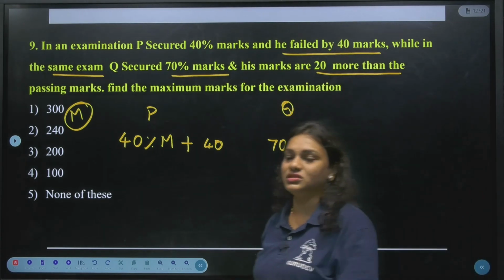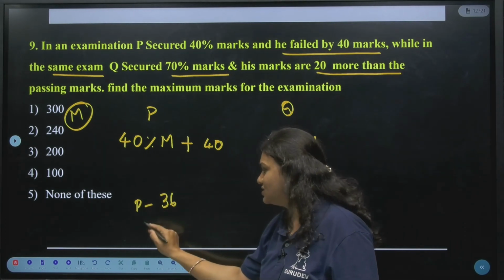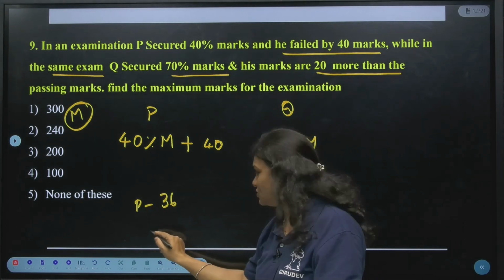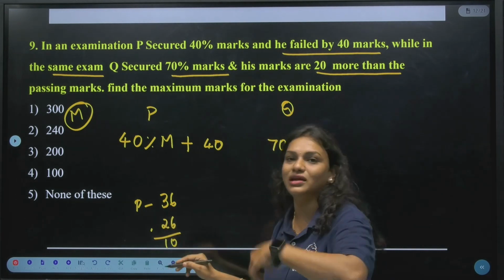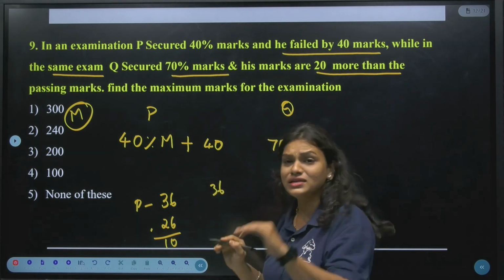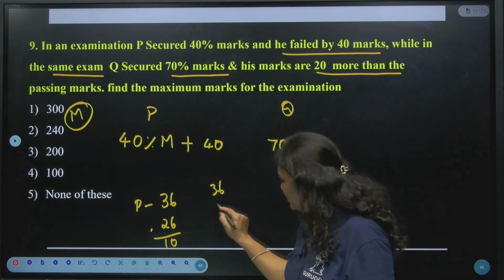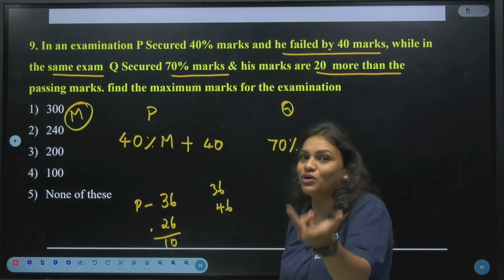Now see, in the previous example I took, passing marks are 36. If a student scores 26, I need to add 10 more marks. Suppose passing marks are 36 and the person scores 46 marks, isn't it 10 marks more?